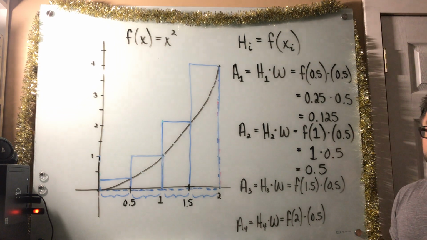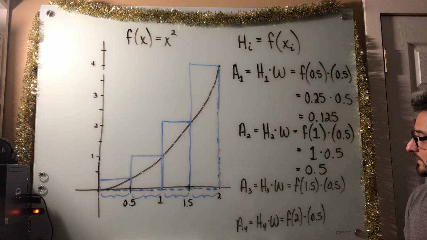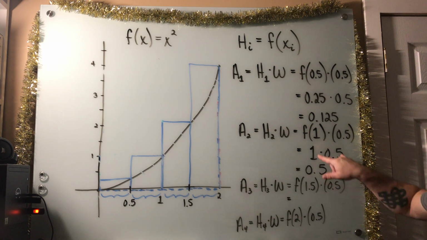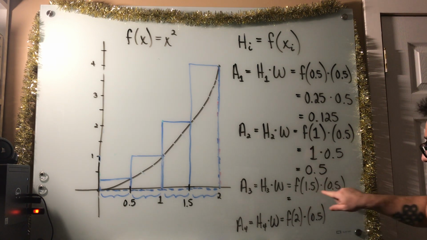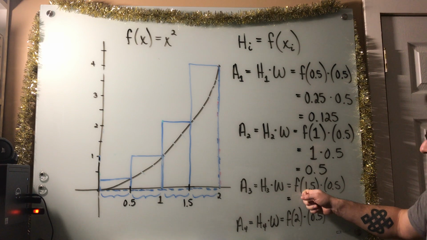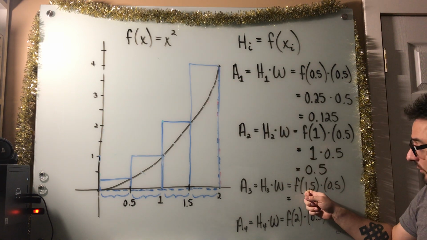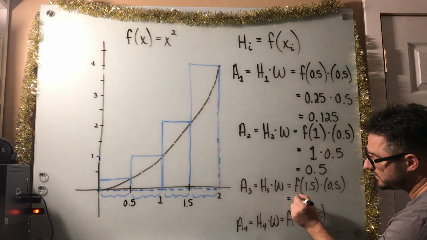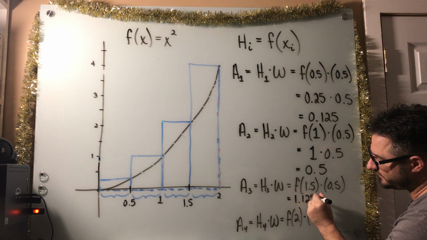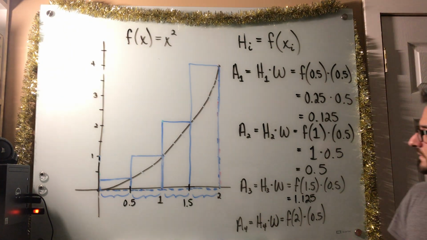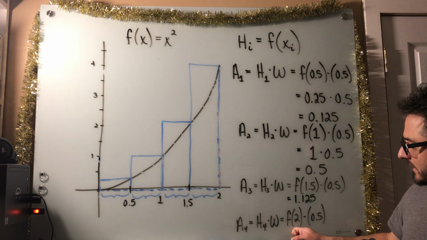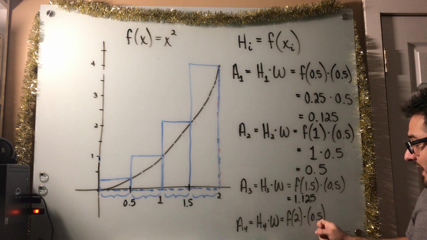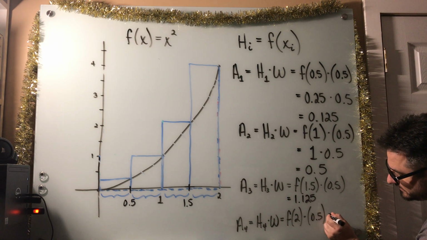But we are rapidly running out of board space here. So I'm going to take the liberty of not writing out all the steps, but just calculating these. 1.5 squared is 2.25. And then half of that is 1.125. 2 squared is 4. And half of that is 2.